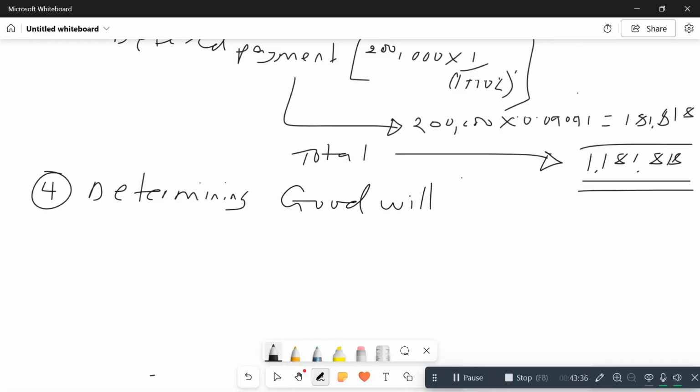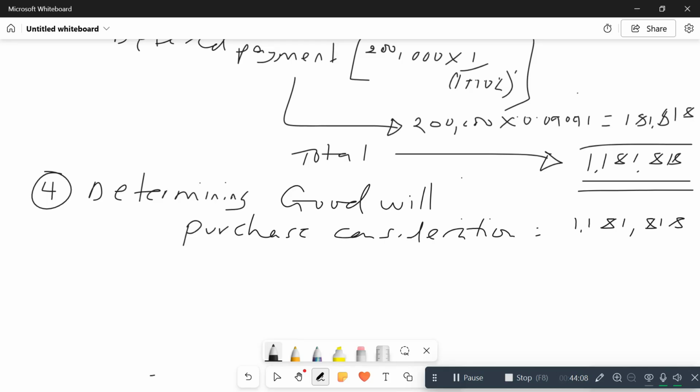You have purchase consideration, that is from our step. Suppose it is 1 million, as we have calculated, 1,181,818, and we have to pay this amount of money to acquire another business. You have paid 1,181,818 to buy shares in another company.